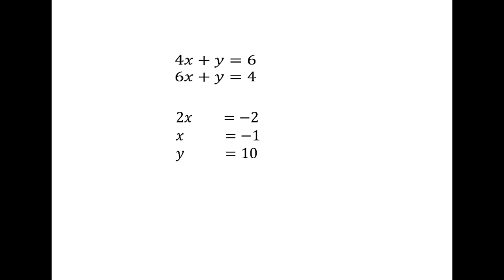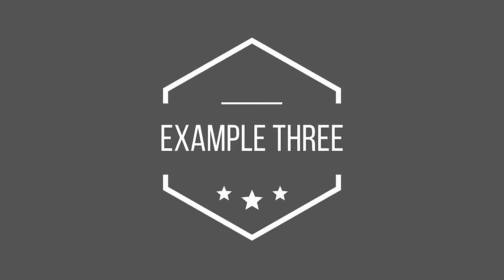Subtracting the two equations, 4x minus 6x, you get negative 2x. 6 minus 4, the other side you have 2. So dividing both sides by negative 2, you get x equals negative 1. Now when you have the x value as negative 1, just like we did in the first example, put it in the second equation so that you get the y value.